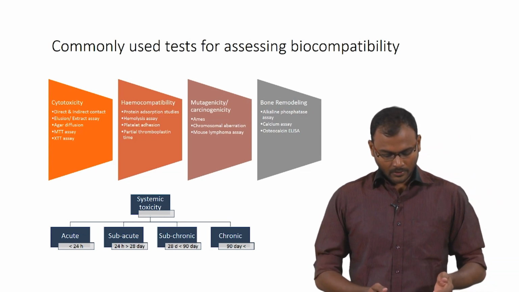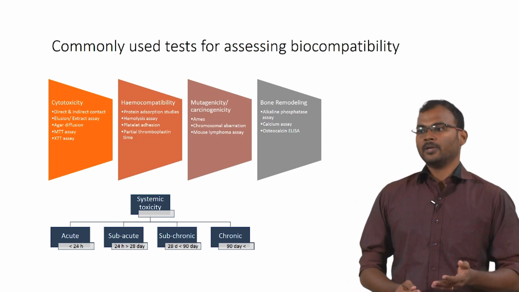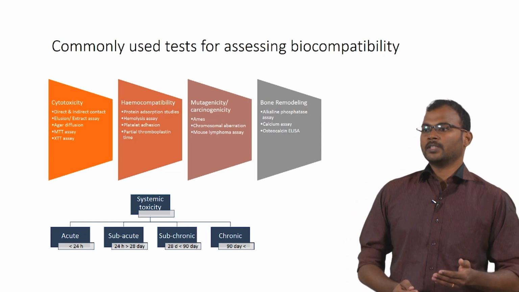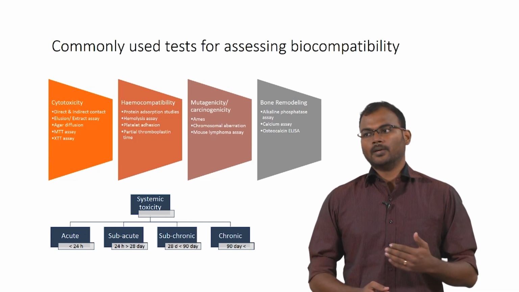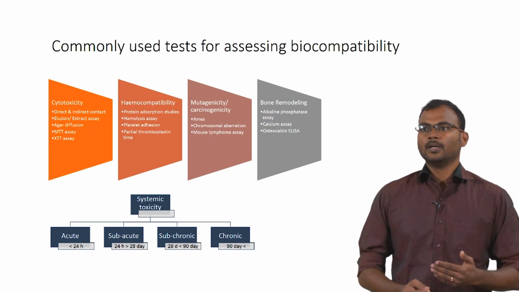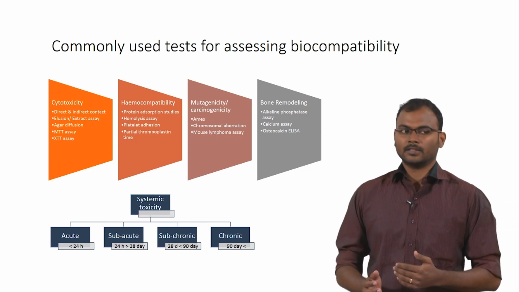Then subchronic is 28 days to 90 days, such as urinary catheters, which they will remove within 2 or 3 months. Then chronic is above 90 days, so you have to test whether the material is not having any effect on the cells surrounding it.